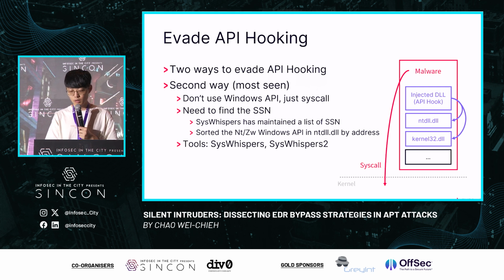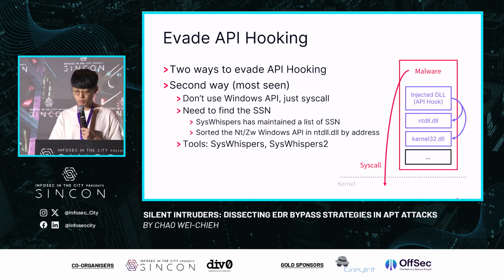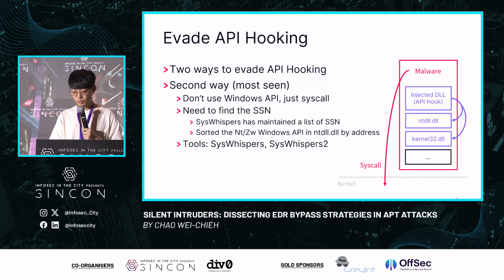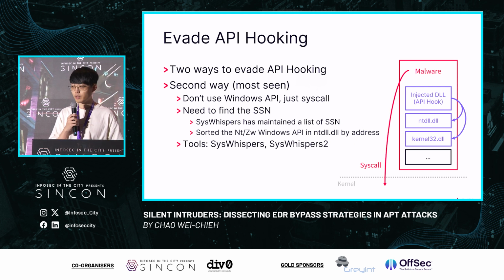In Linux, the syscall number is very stable, but in Windows, the syscall number can change frequently between different versions. That's why in a normal situation we need to rely on the Windows API provided by the NTDLL to do the syscall. But luckily, we have plenty of ways to find out what the syscall number is.